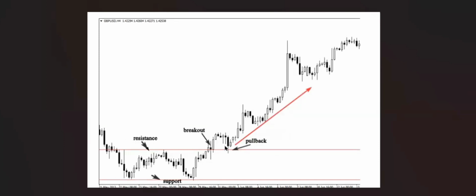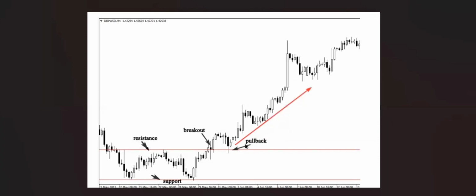Now, we've mentioned three ways to trade a ranging market. One, you trade at key support or key resistance level: at key resistance, you sell; at key support zones, you buy. Or you wait for a breakout and then a pullback, then you can continue riding the newly established trend. After the breakout, the market comes back to retest the resistance level.